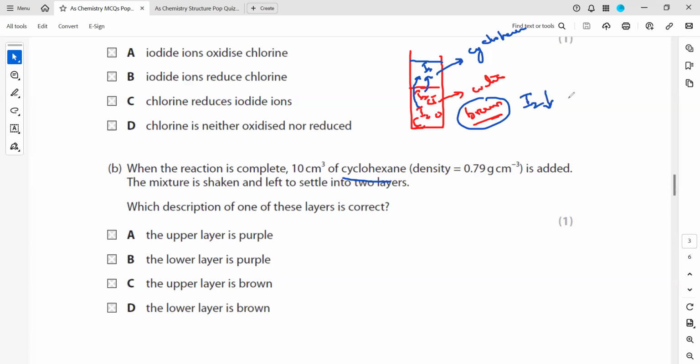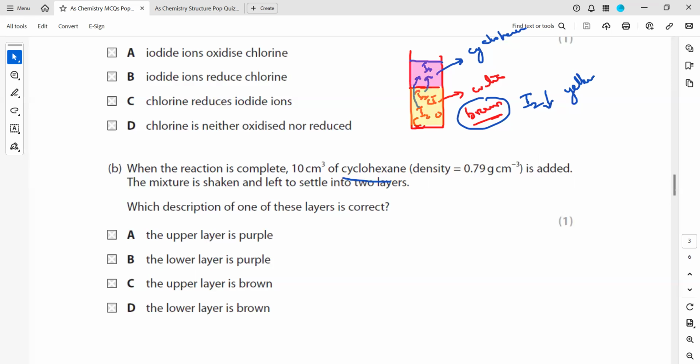As the concentration of iodine in the water decreases, it will turn yellow. So the color of the bottom layer should be yellow. Then when iodine is mixed with the organic solvent, what is the color of the iodine? The color of the iodine is purple.